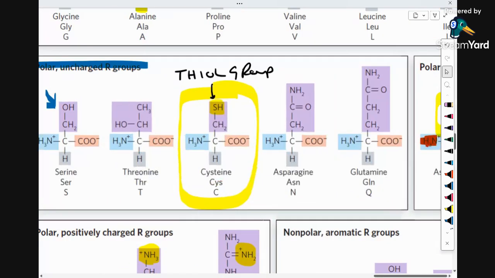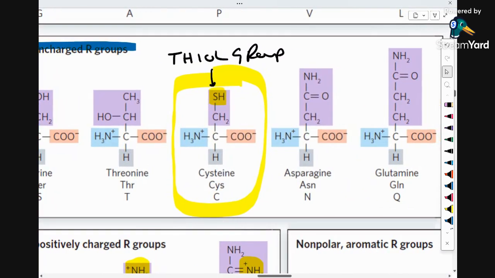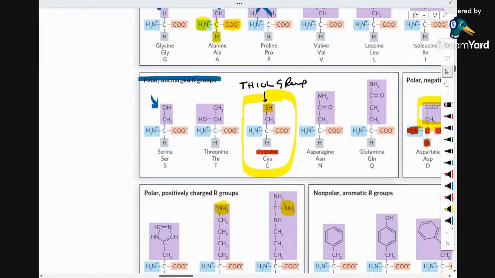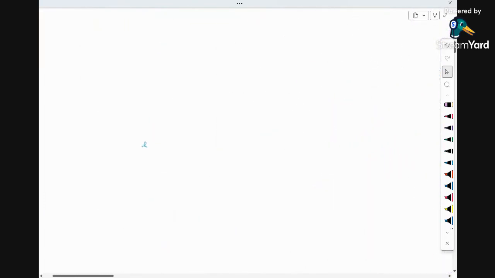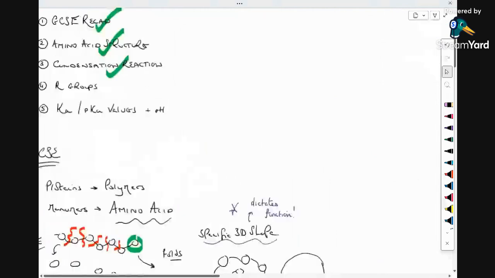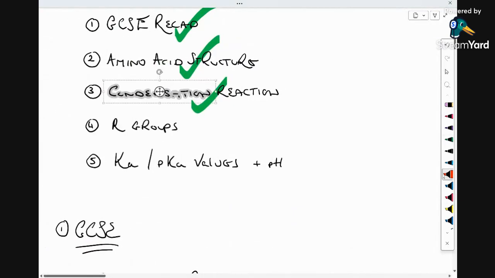The only one I would recommend you learn, you'll see why later in the next lesson, is cysteine, because it has this thiol group, SH group in it, which is important. So that is that. So I'm going to tick off R groups. Make sure I get the right color. There we go. So R groups done.